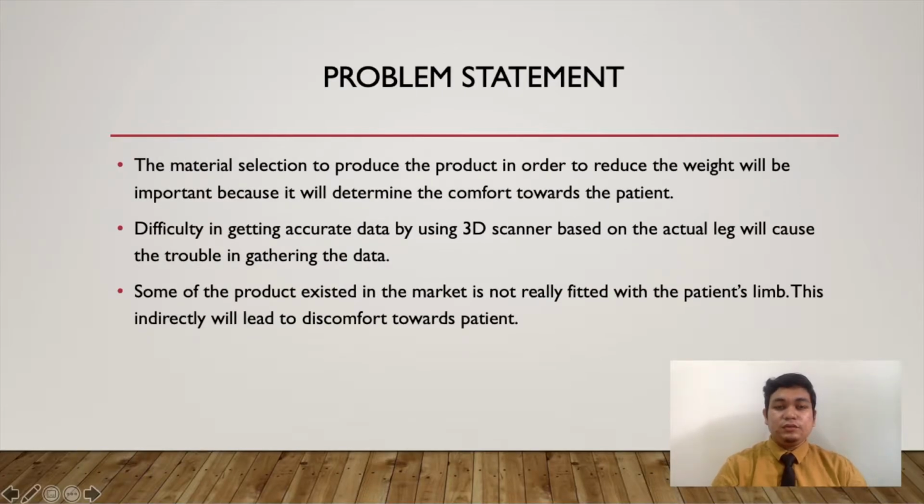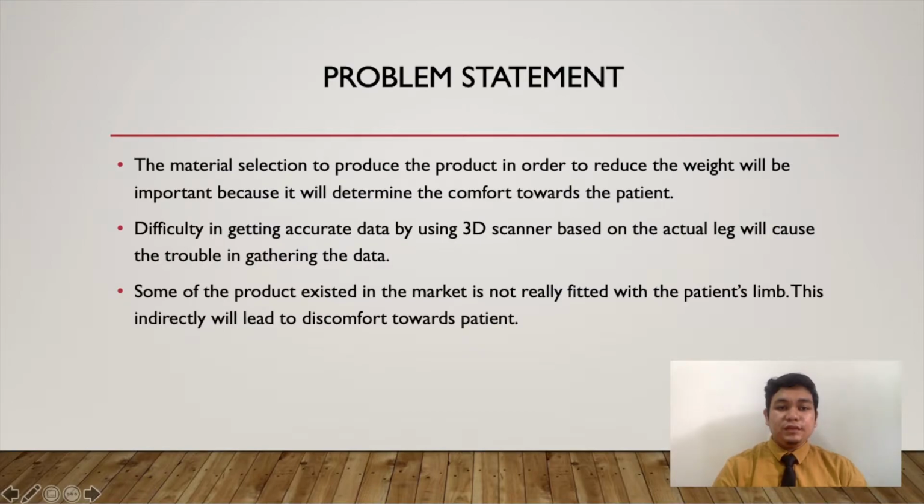So we go to the problem statement. First, the material selection to produce the product, in order to reduce the weight, will be important because it will determine the comfort of the patients.